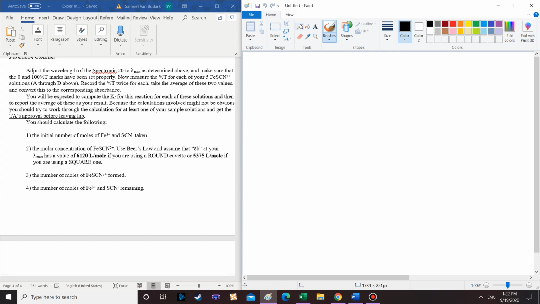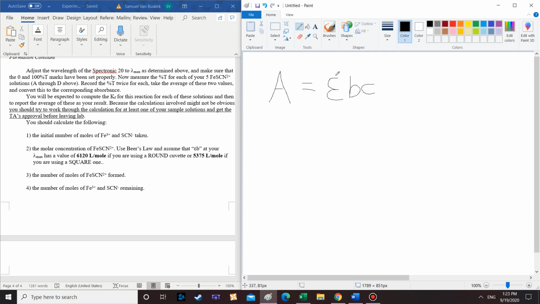Let's break down Beer's law real fast. In Beer's law, we have A equals epsilon B C. These two variables, epsilon and B, are just constants that we don't really need to worry about right now.